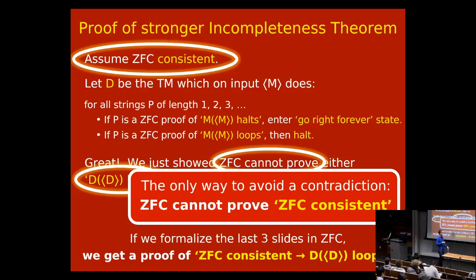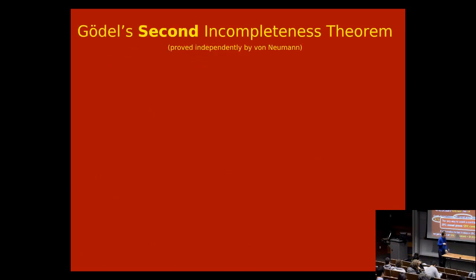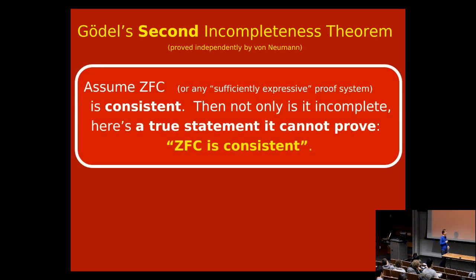So the extra plot twist is that you get an explicit, interesting statement that ZFC cannot prove. And this is Godel's second incompleteness theorem, also proved independently by von Neumann, which is that if you assume ZFC is consistent, then not only is it incomplete, here's a particularly interesting true statement that it cannot prove. ZFC is consistent. So much like with the halting problem, we originally showed that there are some uncomputable languages, and then Turing came along and said, actually, not only is there an uncomputable language, there's a particularly interesting one, the halting problem.